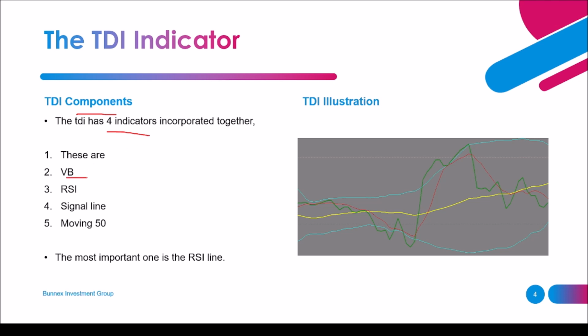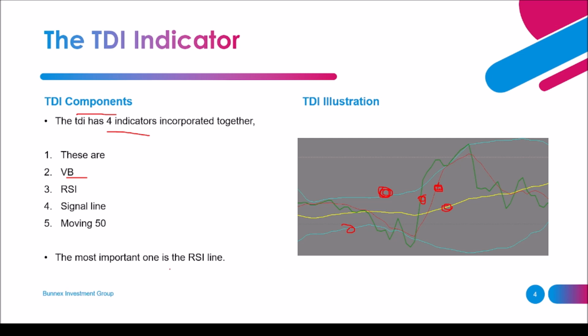So the volatility bands are the ones in blue, which are these ones, and the RSI line is the one in green, which is this one, and then the signal line is the one in red, which is a moving average, as well as the moving 50 in yellow, which is a demarcation of the upper band and the lower bands of the indicator.